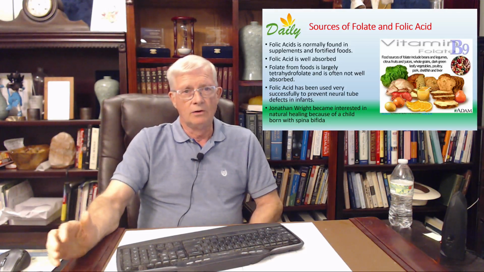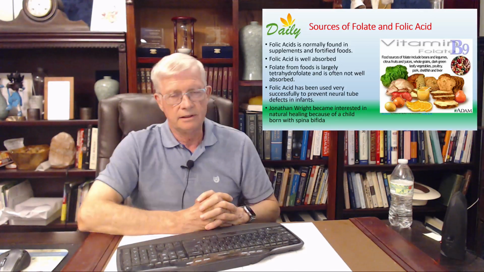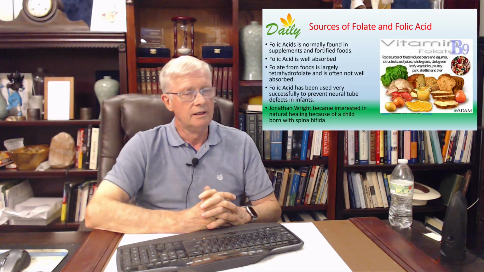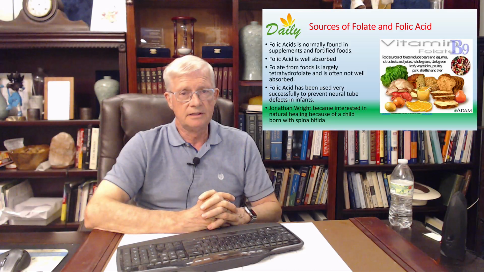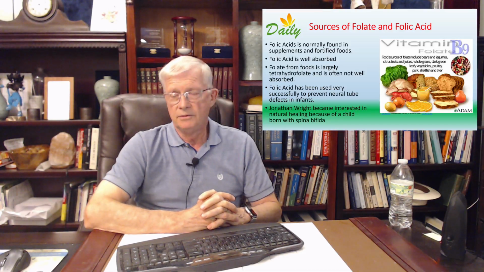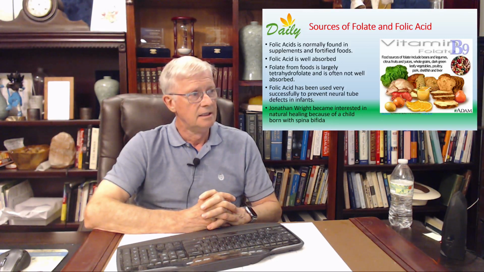Now, first of all, the carbon has to come from somewhere, and we get it from foods as well as the substances that are used to make the carbon utilized.